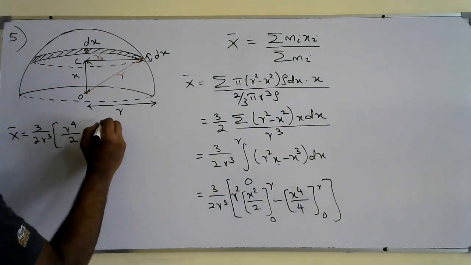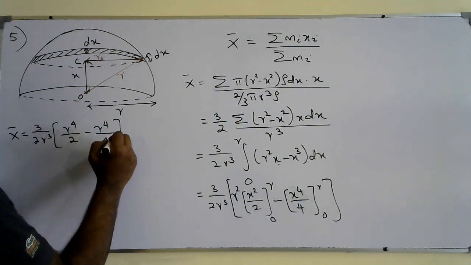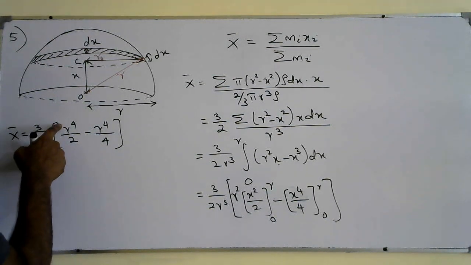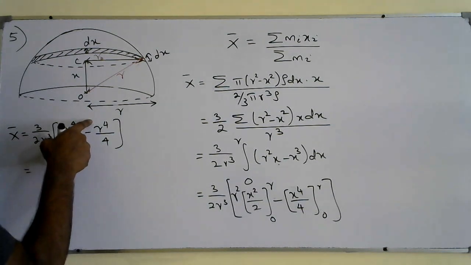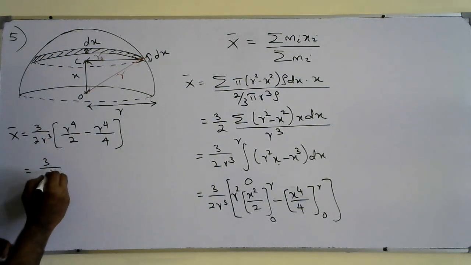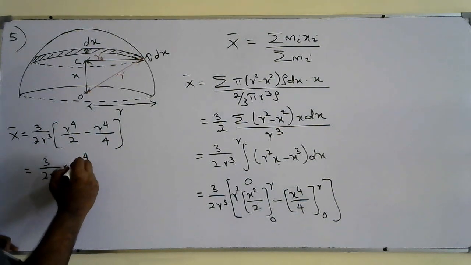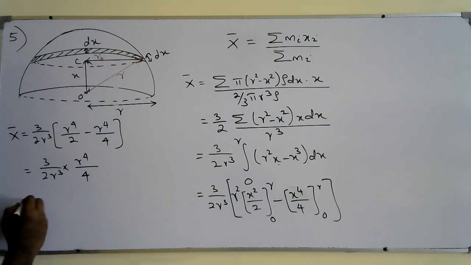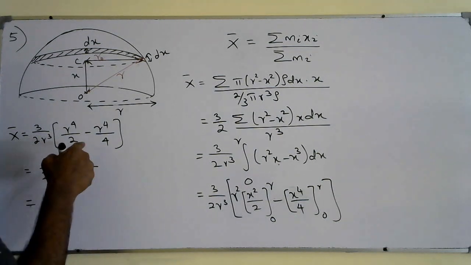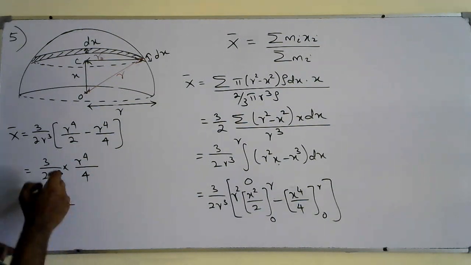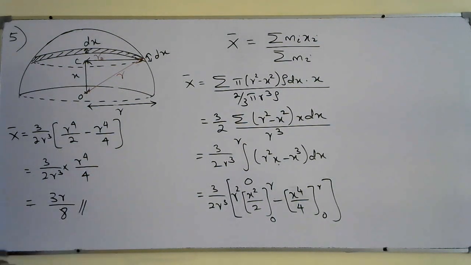Okay, solve it. If you take 4 as an LCM, it is going to be 2r to the power 4 minus r to the power 4, so r to the power 4 over 4. So 3 over 2 r cube times r to the power 4 over 4. Now this is r cube r, so 3r over 8. That's the final answer.